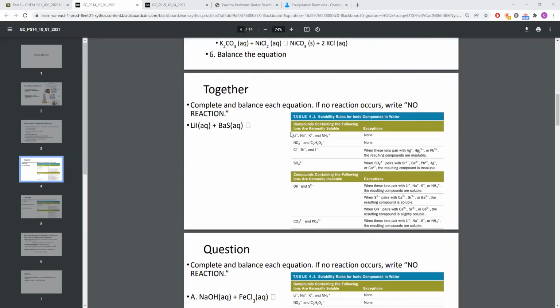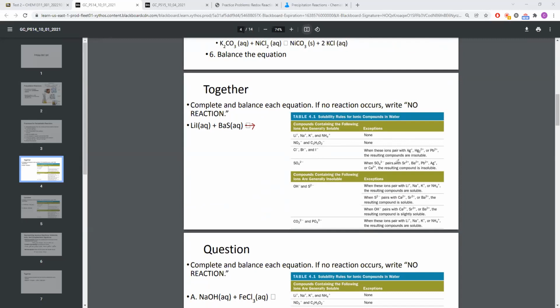All right, so first thing we need to know is our precipitation rules. Basically, your group 1 metals are always soluble: lithium, sodium, potassium, and ammonium. NO3 and acetate are always soluble. Halogens are always soluble unless with silver, mercury, or lead.